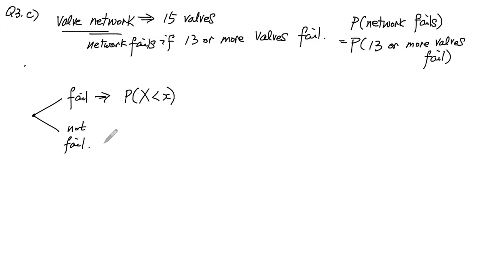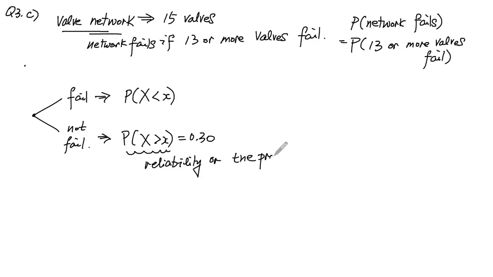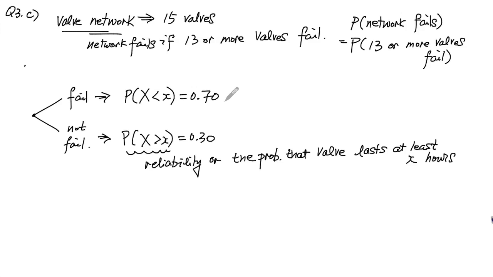And the probability of not failing is the probability that the time until failure is greater than X. And we're actually told that this is equal to 30%, because that is the reliability, the probability that the valve lasts at least X hours, which makes the probability of a valve failing the complement of its reliability, or 70%.